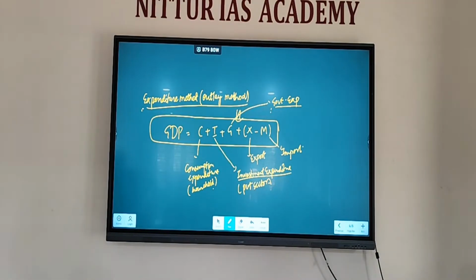The expenditure method is also referred to as the outlay method, and it calculates spending by different groups that participate in the economy.